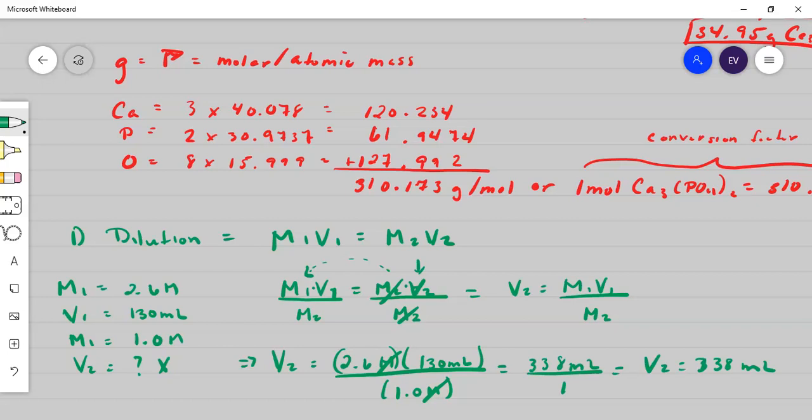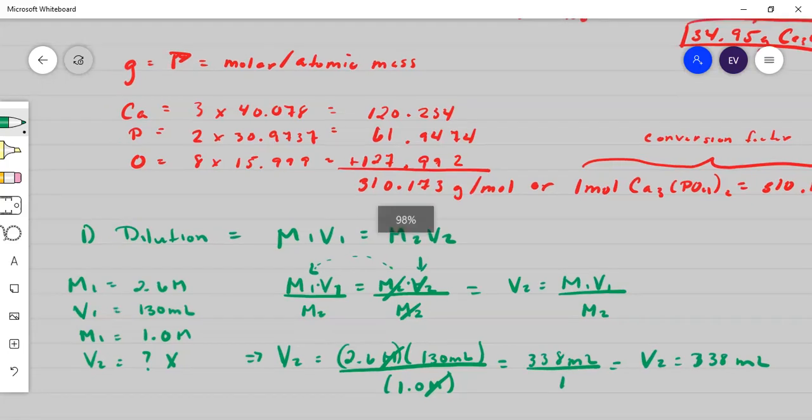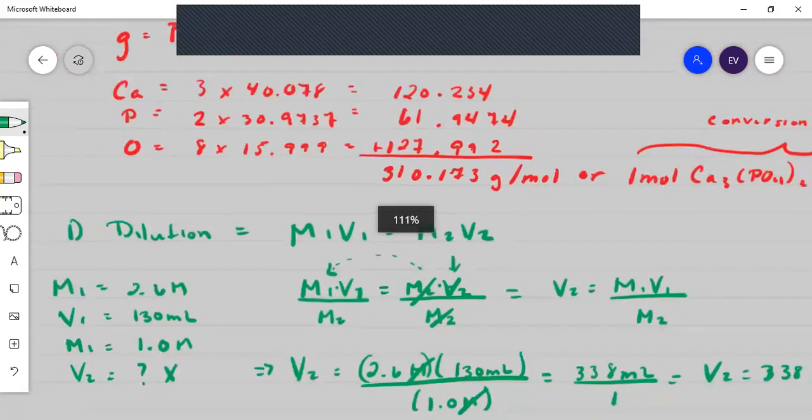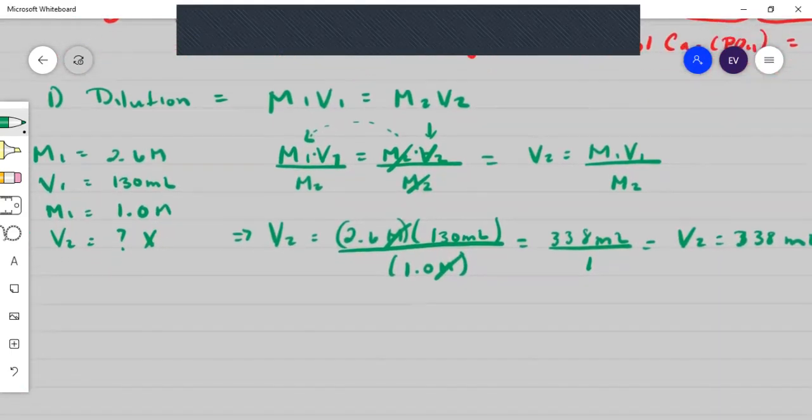Now, I figured that out. What does that mean? All this stuff actually means something. It's not just random numbers up here.